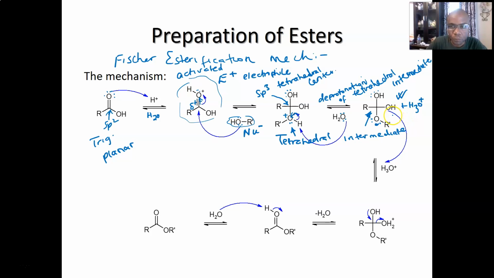But we don't need two OHs. So one of these OHs will be activated to leave, because OH is a poor leaving group. If it leaves as OH minus, it makes a strong base. Good leaving groups must make weak bases. So we activate it by accepting a proton from the acid. You see how you form the H3O plus here; it is going to play the role of an acid.